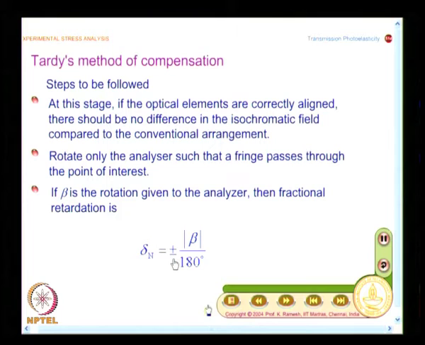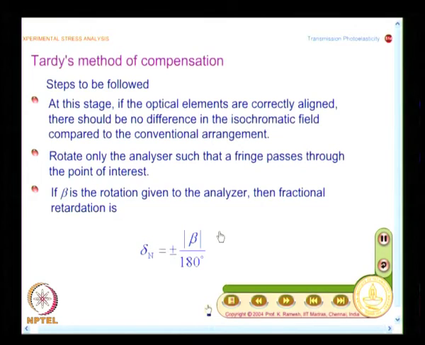Sign does not come from your mathematical analysis, it comes from your observation whether a higher fringe order comes and occupies the point of interest or a lower fringe order moves and occupies the point of interest.